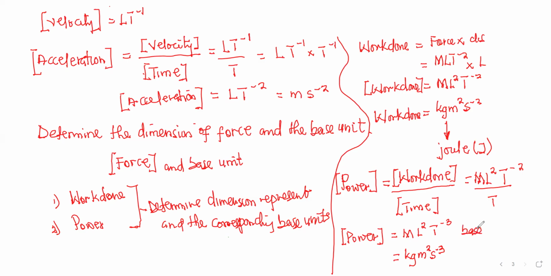The base unit must be in terms of the fundamental quantities. So you can't say joule per second, even though that's not wrong, because we are expressing this in base units. Class, are we okay? Yes. Kilogram meter squared per cubic second.